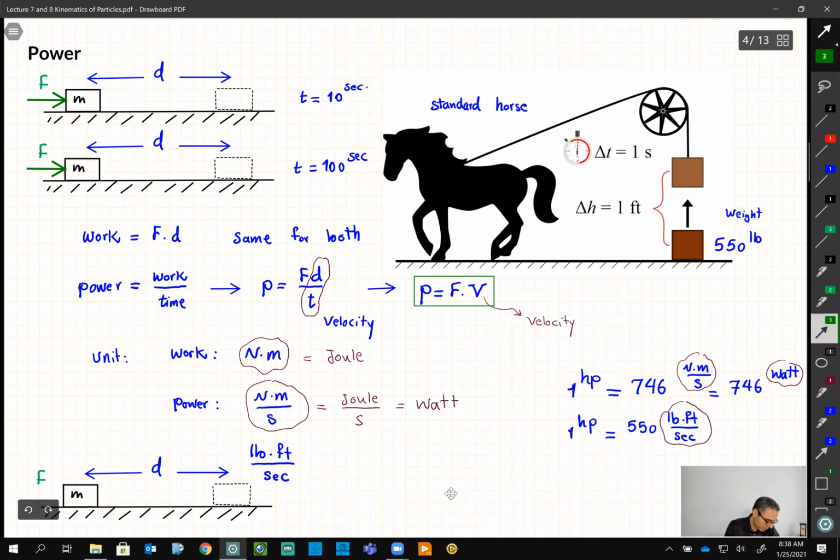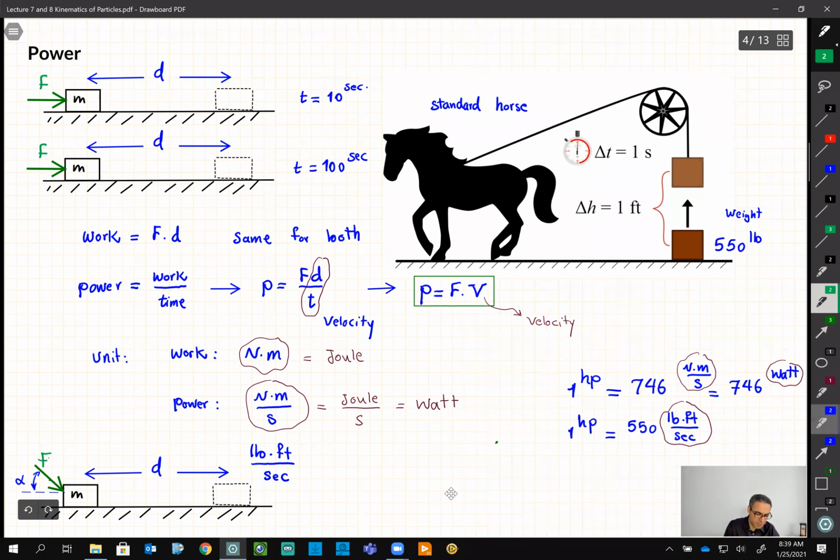If I have a force applied at an angle, let's say this is the force, and this force has an angle alpha.